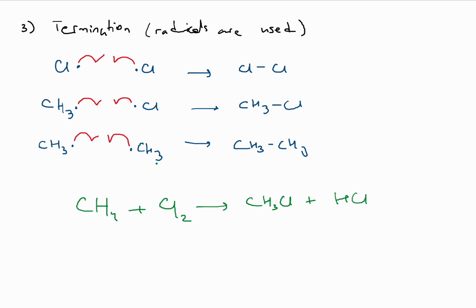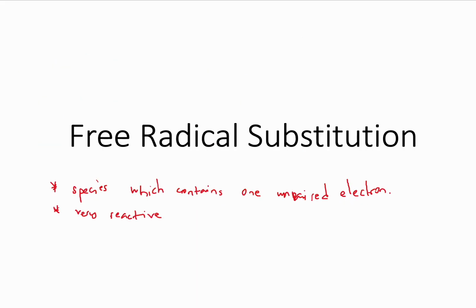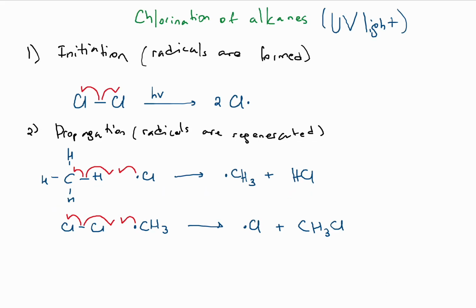Let's again remember what we said. A radical is a species which contains one unpaired electron and it's very reactive. Free radical substitution is performed in chlorination of alkanes under UV light.